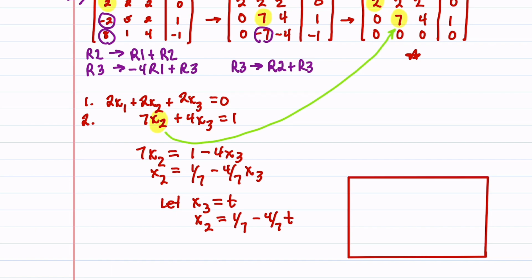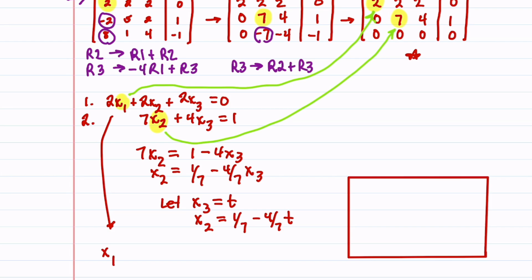We're now going to solve for x1. So let's just note the connection between x1 and our leading entry in the first row. That tells us that we're solving for x1. So let's do that.